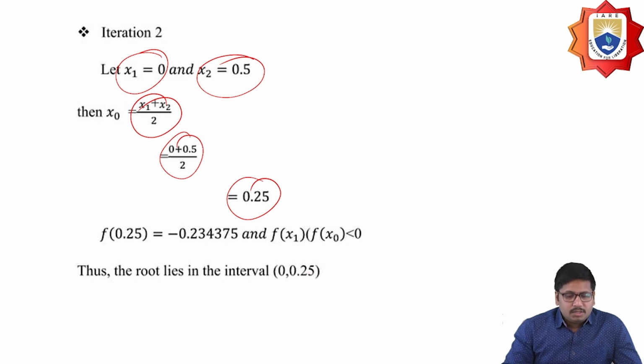Okay. So let x1 be equal to 0 and x2 equal to 0.5. Then x naught is equal to x1 plus x2 by 2, that should be equal to 0 plus 0.5 by 2, that should be 0.25.